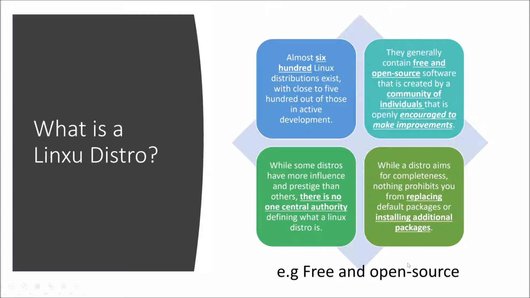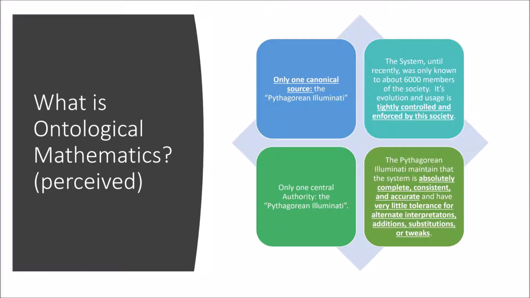So let's take a look at this other aspect of ontological mathematics, and I say it's perceived. This is what I thought when I first wrote it up, when I was contrasting them. You have only one canonical source, which is the Pythagorean Illuminati. Up until recently, it was only known that there are about 6,000 members in the society.